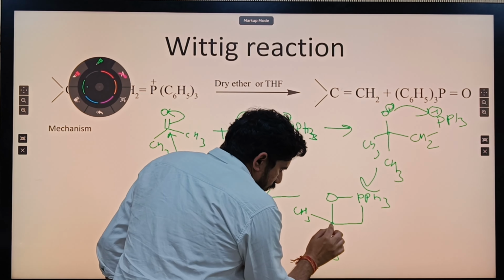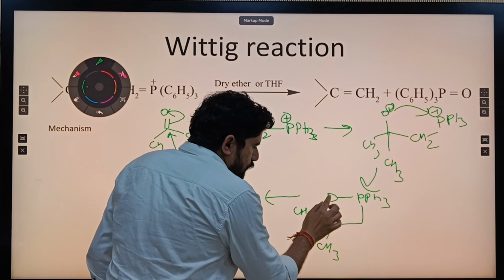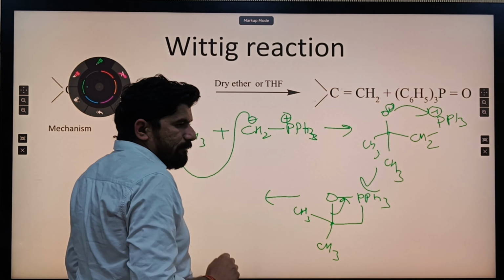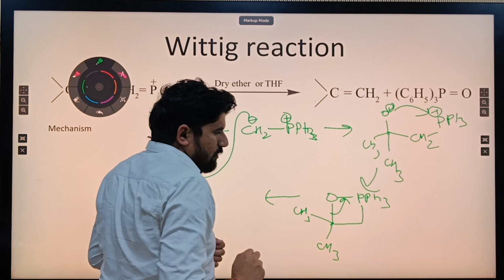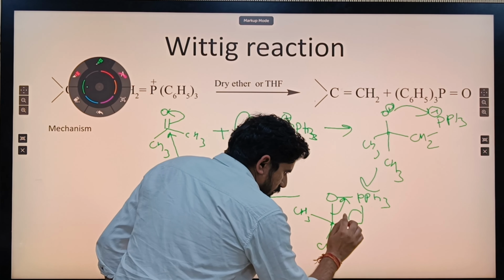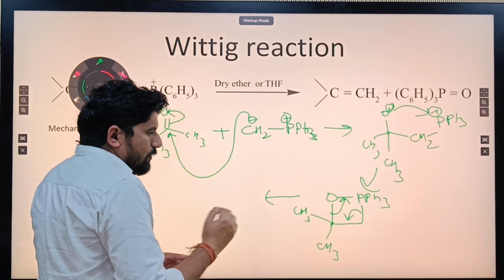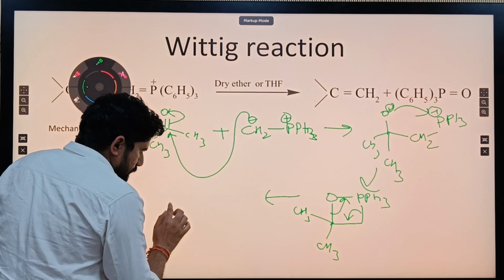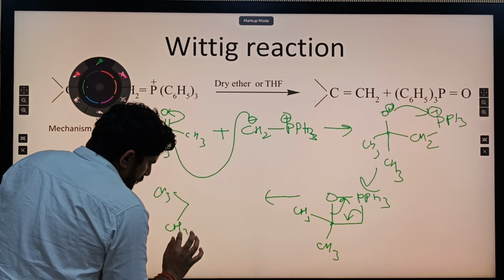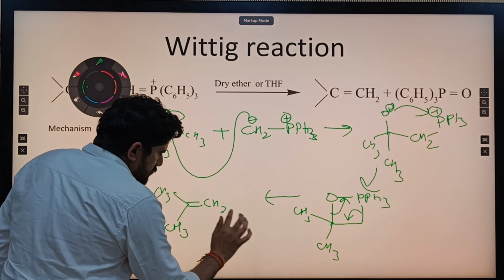So the oxygen and carbon bond pair moves to the oxygen-phosphonium, and the phosphonium carbon bond will come from the carbon bond. So we have CH3 and double bond CH2.